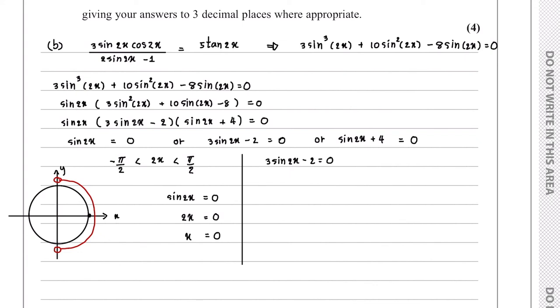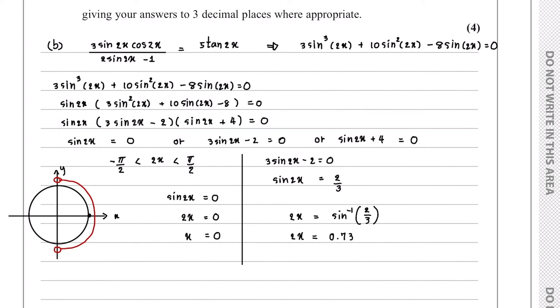Here comes another case. We've got 3 sine 2x minus 2 equals 0. So we can solve for sine 2x first. Sine 2x will be 2 over 3. That means 2x is the arcsine of 2 over 3, which is 0.73.